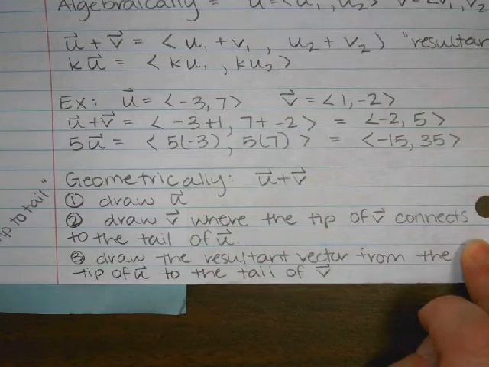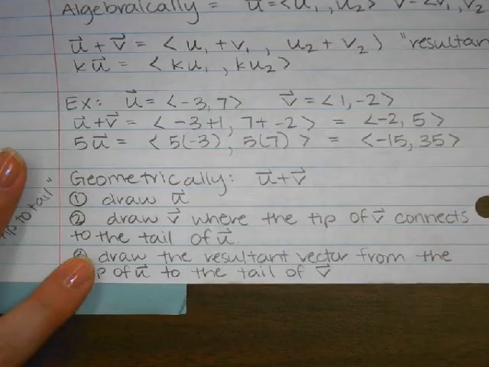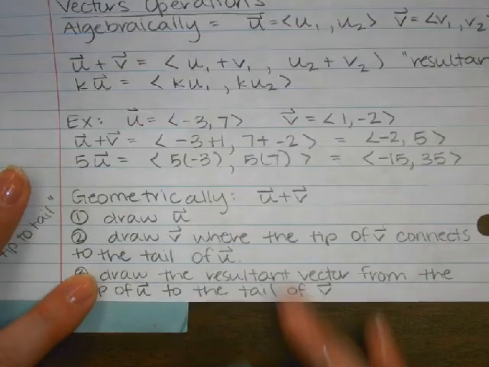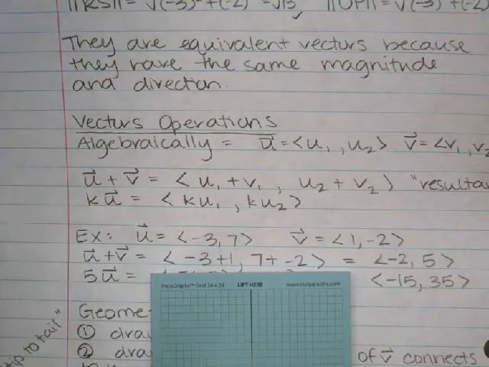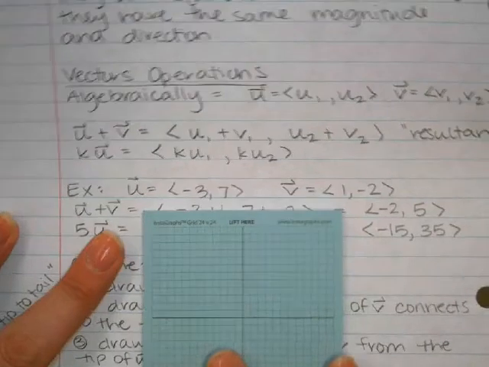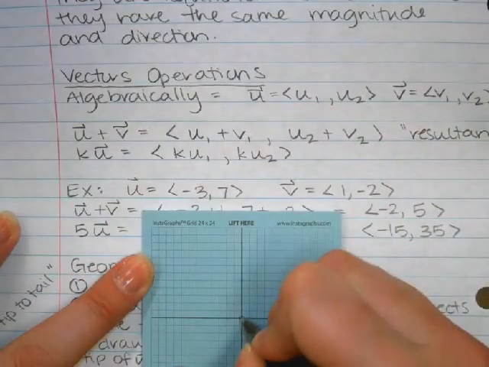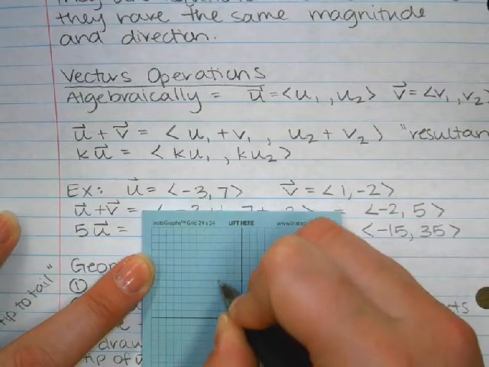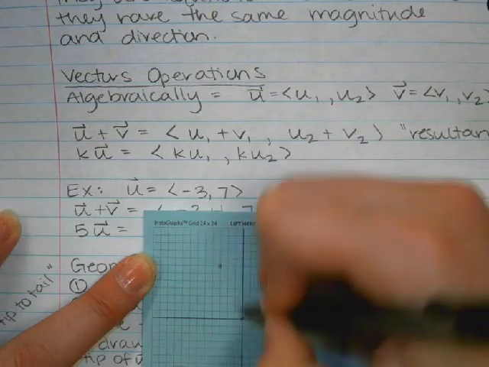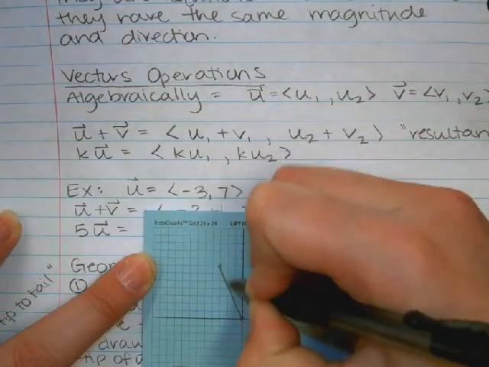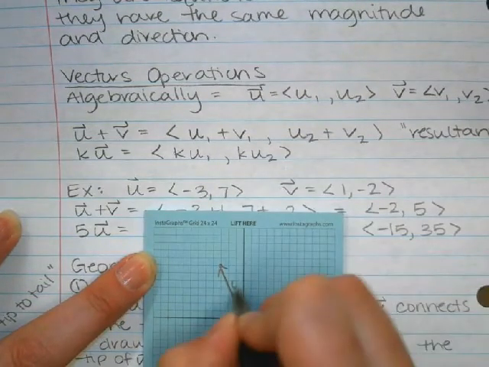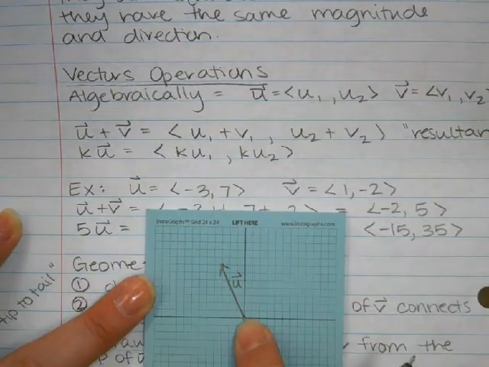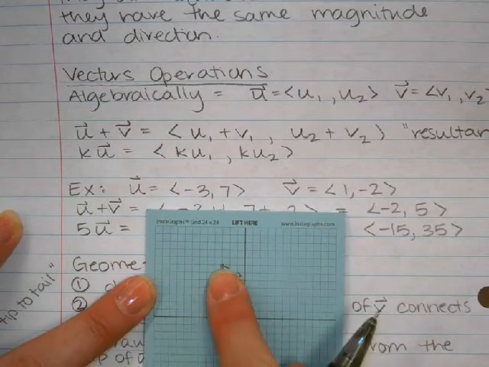All right, so I'm going to draw the problem that we did before. You'll need to get out a different sheet of paper. I'm going to go ahead and draw it on here. If I go back to what vector u was, that was negative 3, 7. So I'm going to start here and go left 3 and up 7. So here is vector u. There's the tip of u, there's the tail of u.